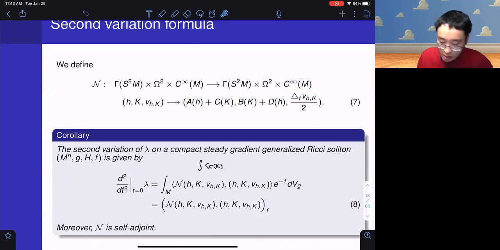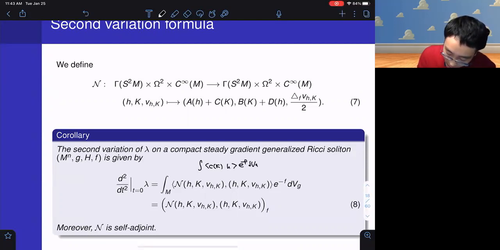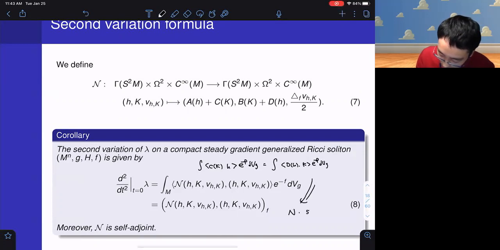These three terms are clearly self-adjoint. For the cross term, the inner product of CK and H is the same as the inner product of DH with K. This property implies that our operator N is self-adjoint.